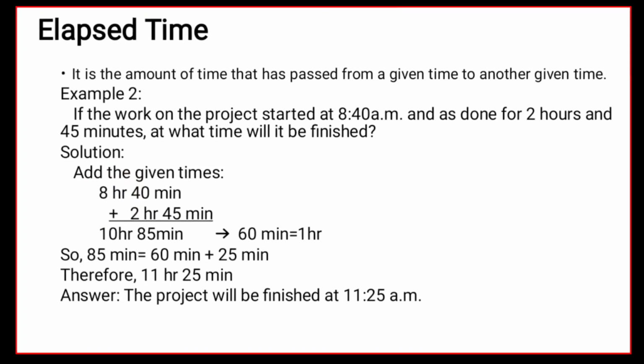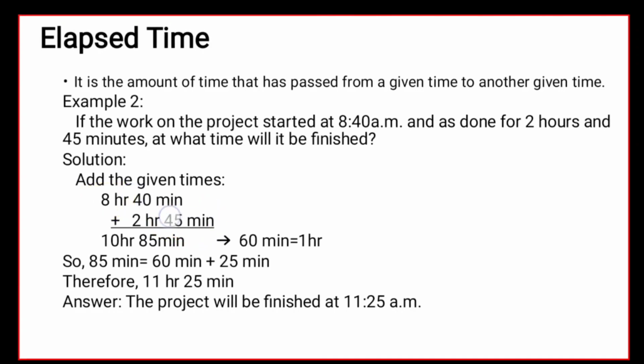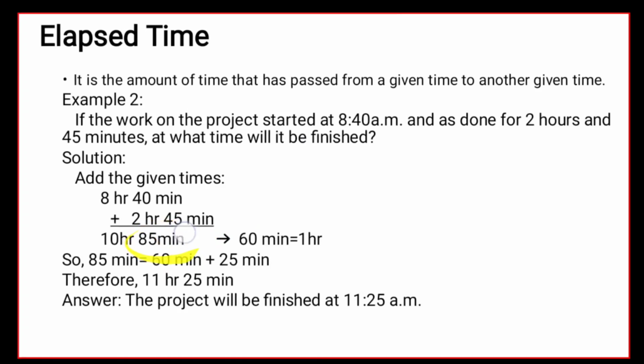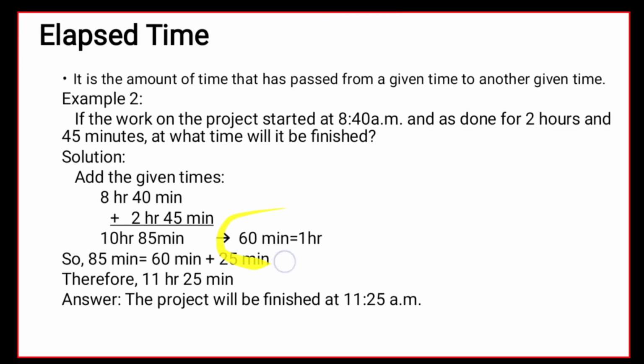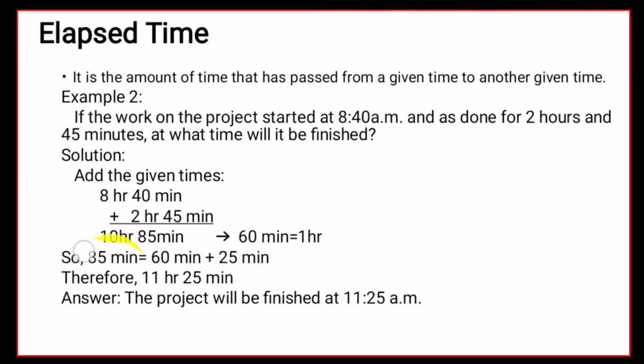So 8 hours and 40 minutes plus 2 hours and 45 minutes. 8 hours plus 2 hours is 10 hours. Then 40 minutes plus 45 minutes is 85 minutes. But we all know that 60 minutes is equal to 1 hour, so in that case, we have to subtract 60 minutes here. 85 minus 60 is 25.